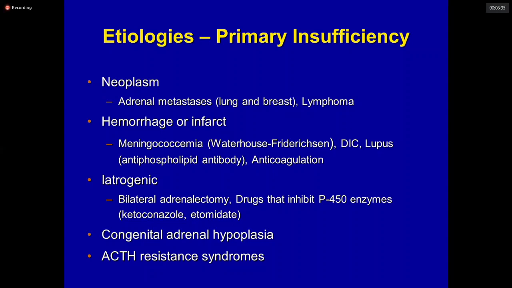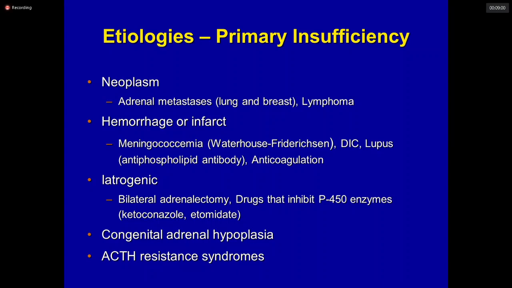Meningococcemia in the past, severe sepsis by this microorganism, used to cause hypotension and adrenal hemorrhage or infarction. So these are better controlled nowadays with antibiotics. DIC and lupus antibody can as well cause that.